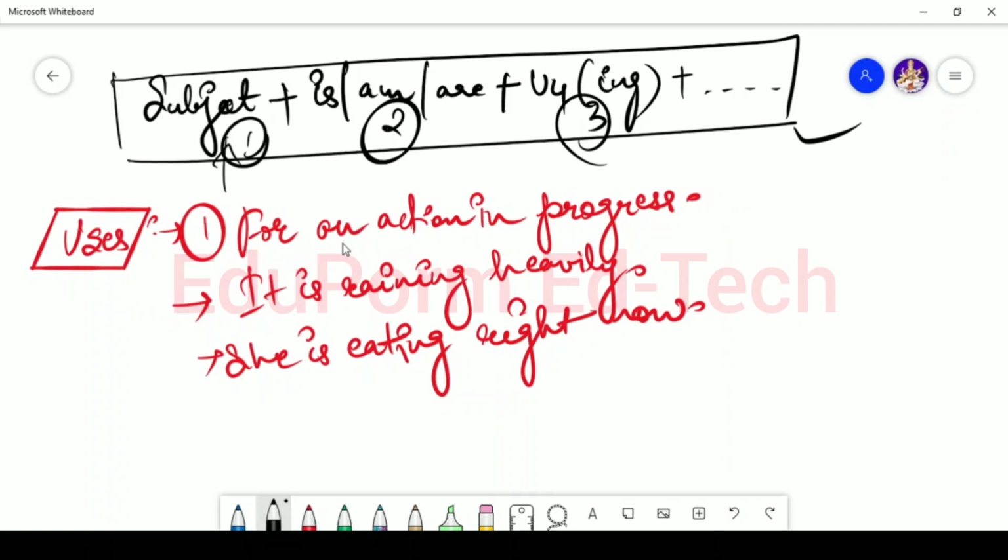So when you are defining an action in progress, in these two cases the sentence has been arranged in the form of subject plus is, am or are plus the V4 form of the verb. Okay, so this is the first use.